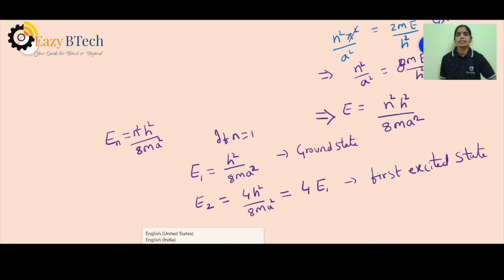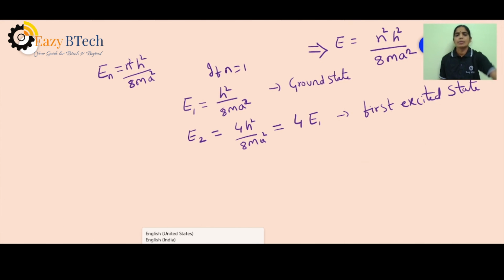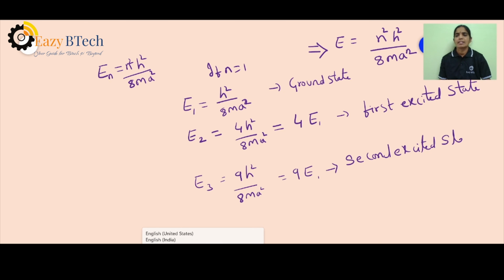Then go for the next, that is n equal to 3, which represents 9h square by 8 m a square, which could be written as 9E1, representing the second excited state. Like this, we can have a number of energy states or excited states.